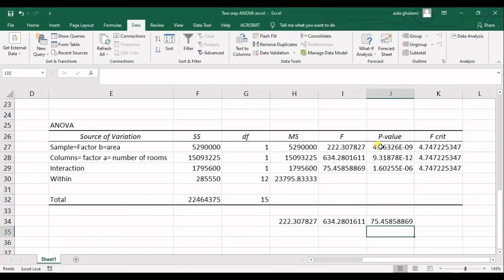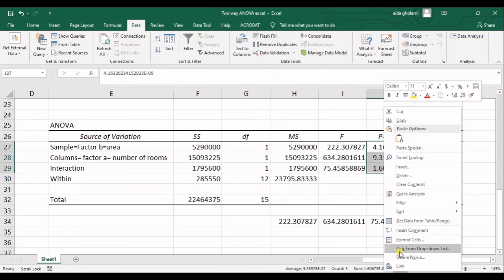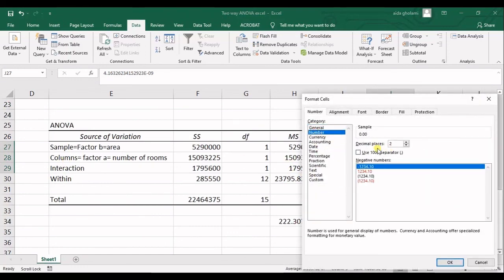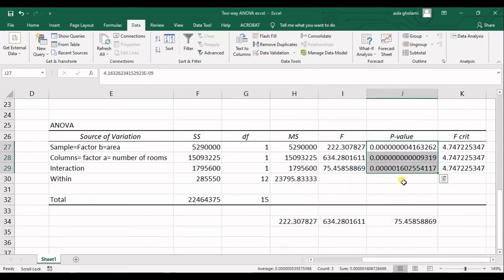We have p-value of 4.1, and look at those numbers. So this is so low. Let's say I want to change the format so that you can see the zeros. Okay, so that's our numbers. These are so much smaller than our alpha, which is 5%.